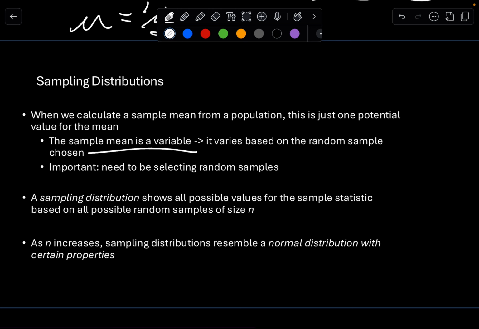When we pull a random sample, that's a random process. So when we pull a sample, then calculate a sample mean, that is one possible value for X bar. A sampling distribution shows all possible values for X bar based on a sample of size n. So a sampling distribution shows all the possible values for the sample statistic.